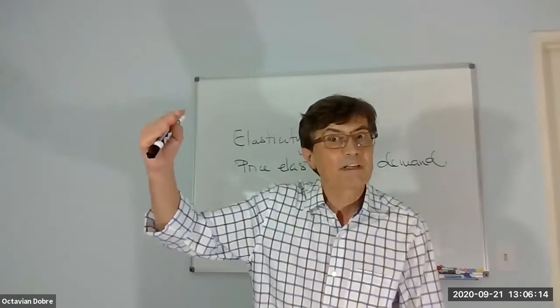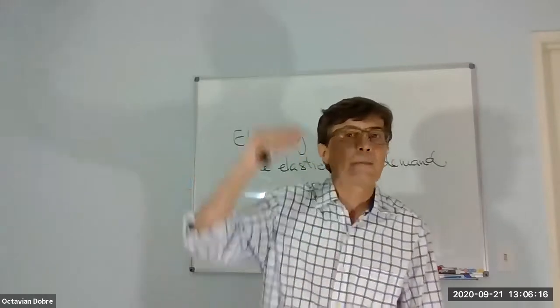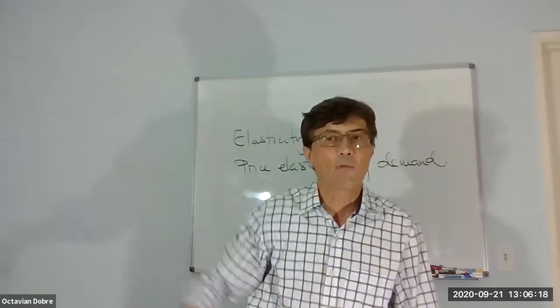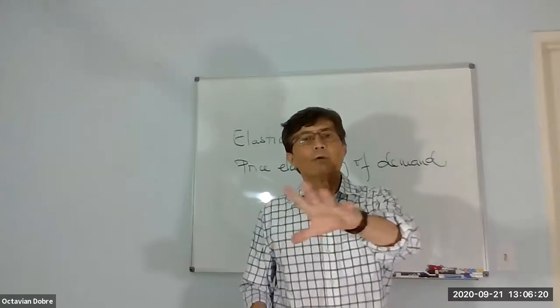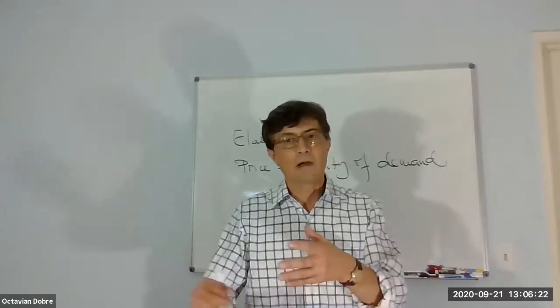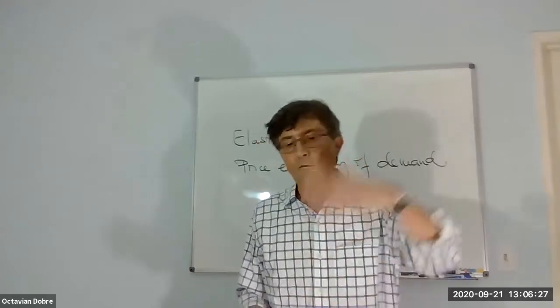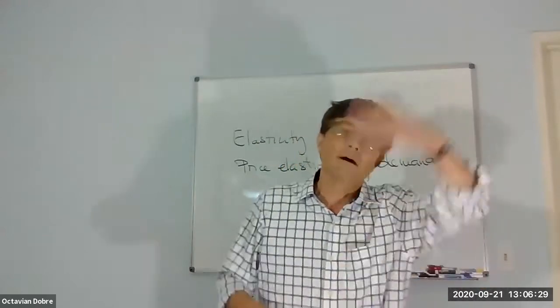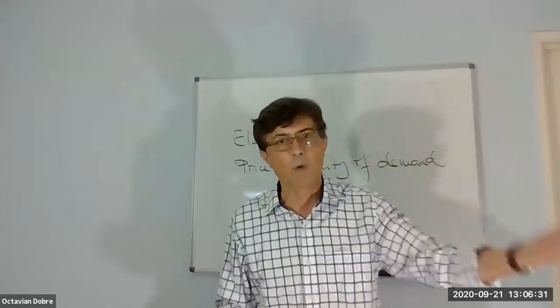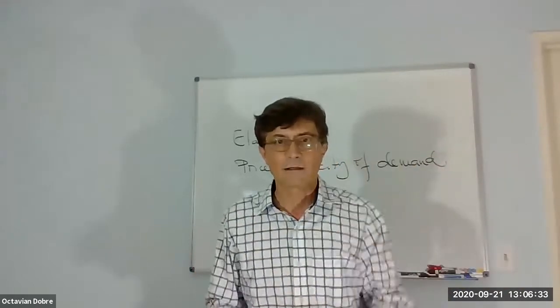Because price of Pepsi goes up, people will switch from Pepsi to Coke and they're going to buy more Coke. So now with cross elasticity of demand, you're going to be able to say, well, if the price of Pepsi goes up 1%, quantity demanded of Coke will go up 5%, 1%, 0.1%, whatever the elasticity is, and so on.